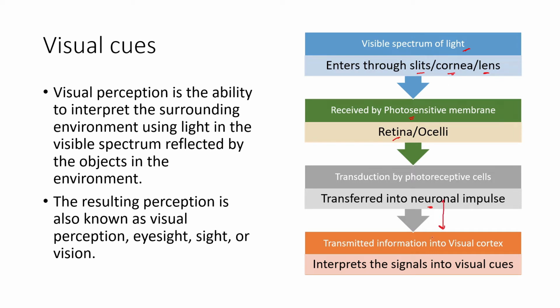The visual cortex is different in different organisms. Then it is interpreted into visual cues or visual signals. These visual signals are also known as perception; we call it eyesight, we call it vision. That differs with respect to different definitions.